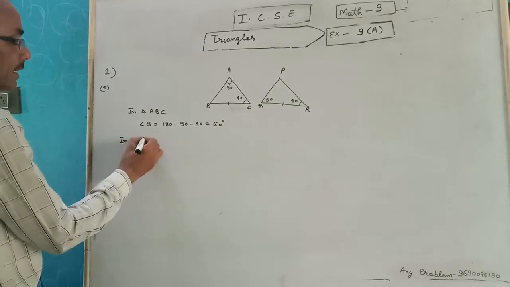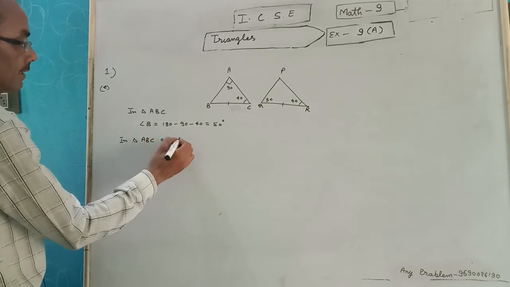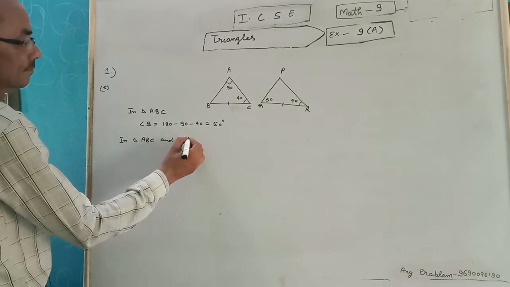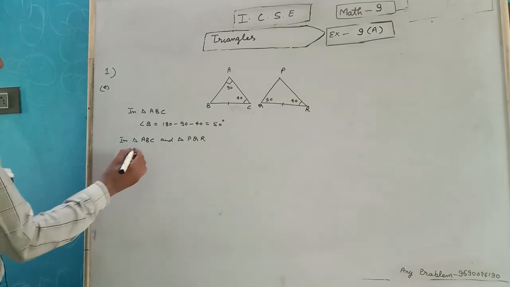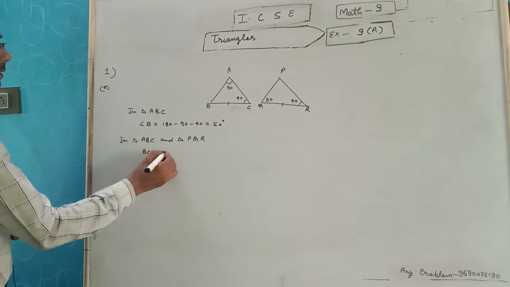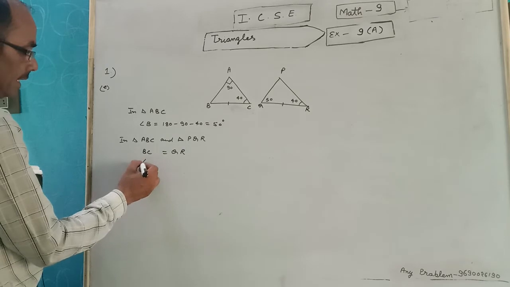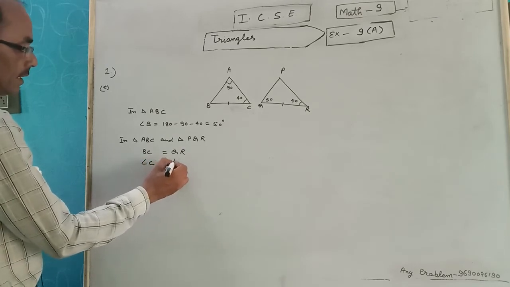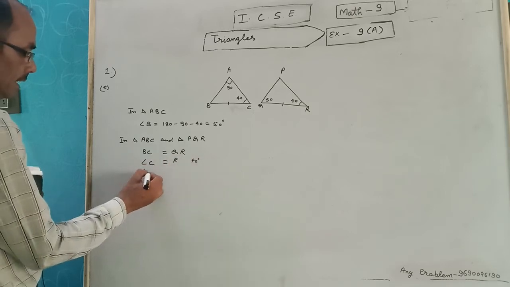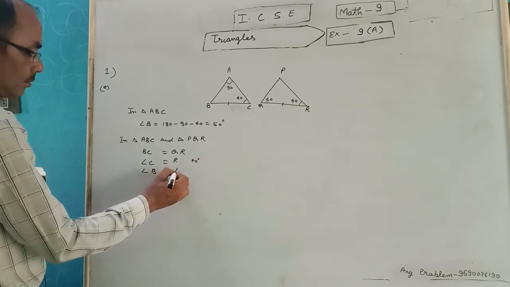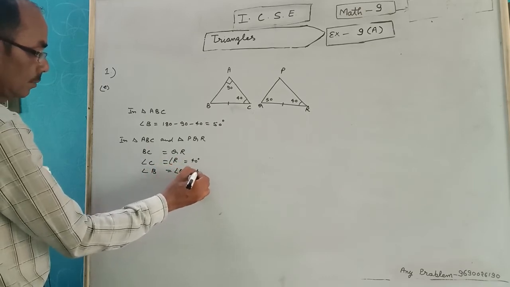In triangle ABC and triangle PQR, BC equal QR and angle C is equal to angle R, 40 degree. Angle B is equal to angle Q is equal to 50 degree.